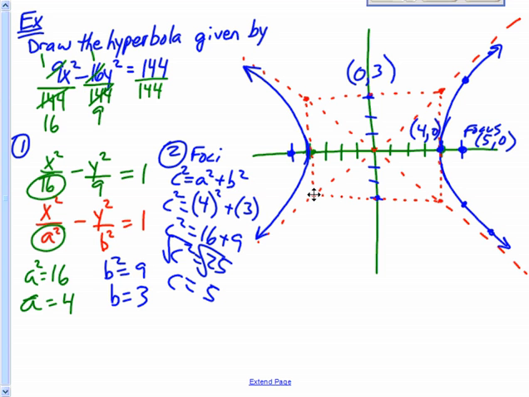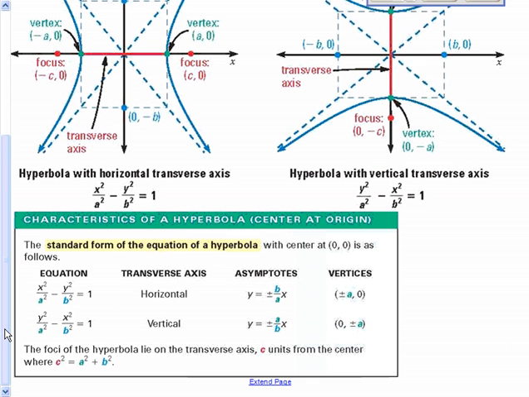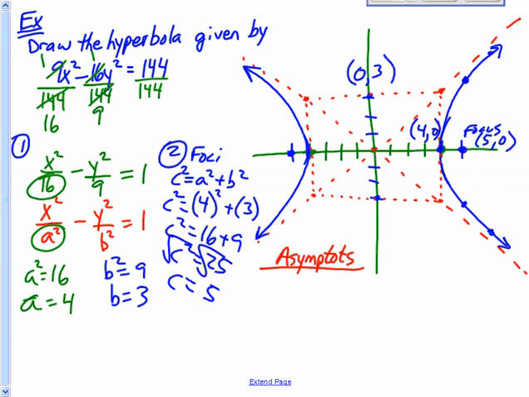Now your slant asymptotes. Let's talk about your asymptotes for this thing. If you forget that, in this original, when your transverse axis is horizontal, the asymptotes are y equals plus or minus b over a x. But you don't need to memorize that because you can write the equation of this line.